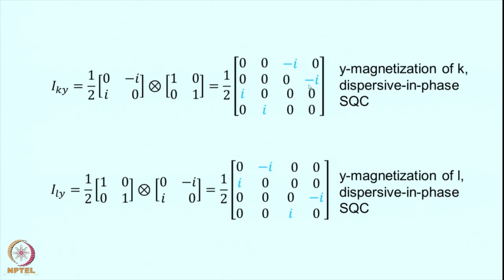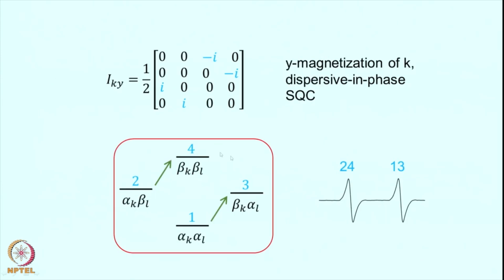This will represent a dispersive line shape, because if I measure the X magnetization as in phase, then the Y magnetization will be 90 degrees out of phase. The 90 degree out of phase is the dispersive line shape. And how does that look? Here we have the IKY, these are the two transitions, the same here 1 3 2 4, but in the NMR spectrum we will see a 90 degree phase shift, this will be a dispersive line shape, but these are in phase.